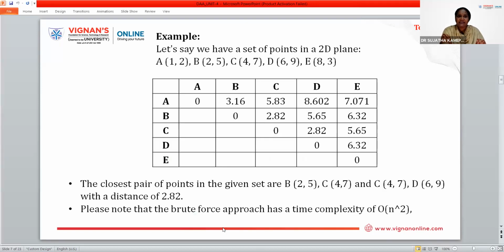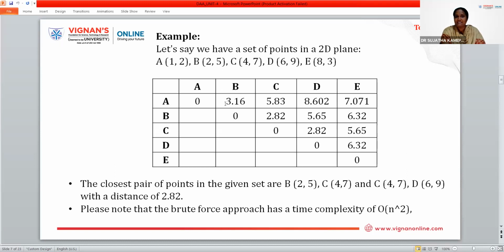Now we will see an example. Here, in a two-dimensional plane, we are given 5 points: A, B, C, D, and E. First, we are going to find the distance between A and B. The distance is the square root of (1 minus 2) whole square plus (2 minus 5) whole square.